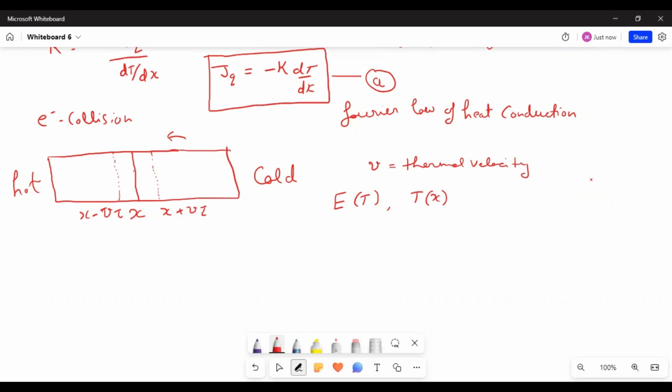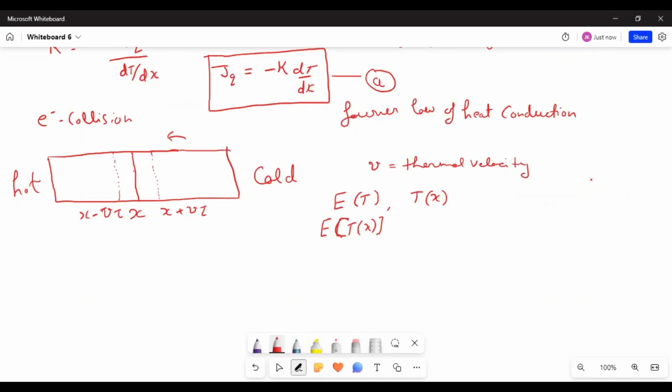So overall, E is a function of T, which is a function of x.